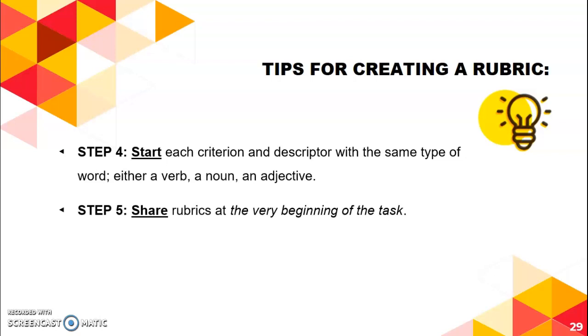We have to share the rubrics at the very beginning of the task. Yes, remember that we need to share this beforehand. And it will take us 2 or 3 times to read and explain the rubric to our students, but then they will get used to it.